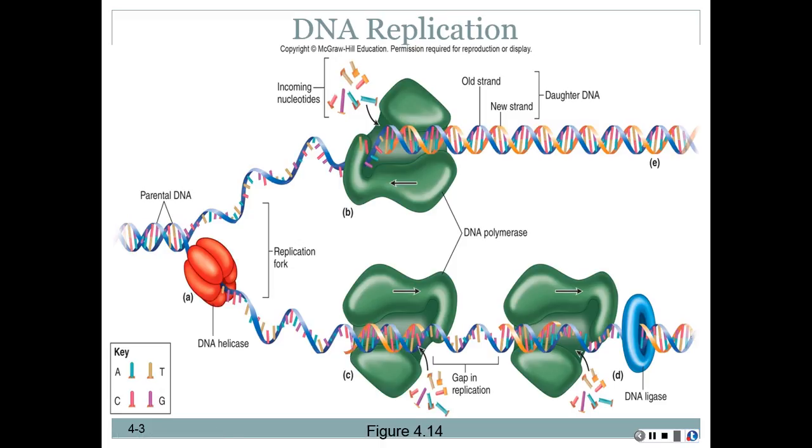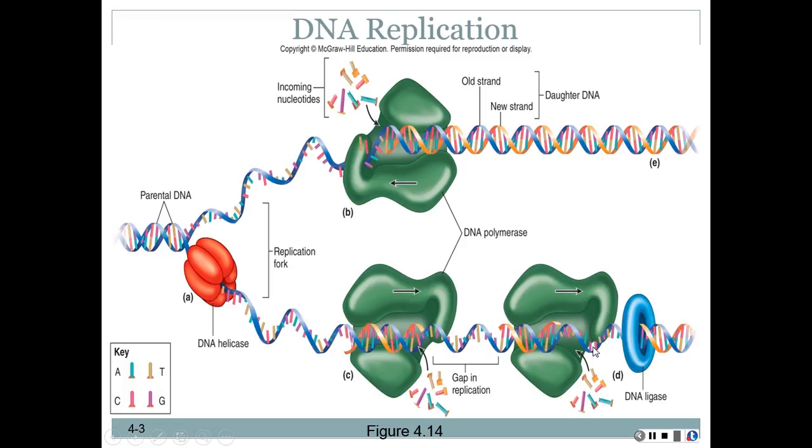Now the two strands are copied by separate DNA polymerase. So here's one here, here's one over here. Those two polymerase molecules move in opposite directions. So you see the top DNA polymerase is moving towards the left. The bottom one is moving towards the right.